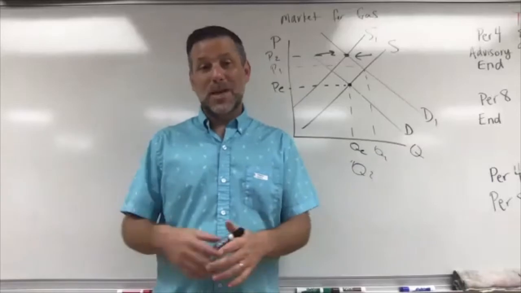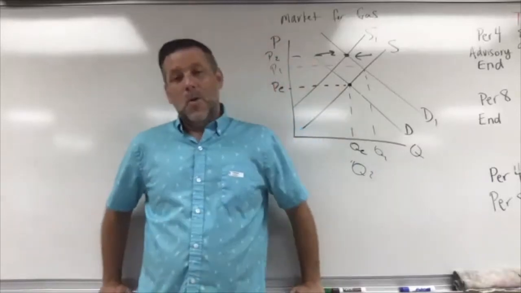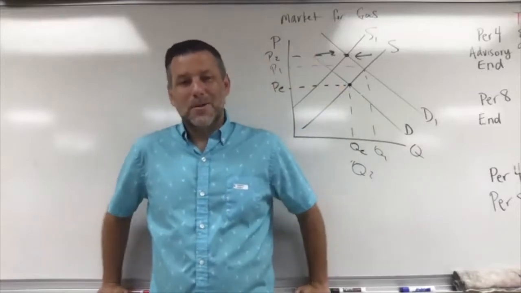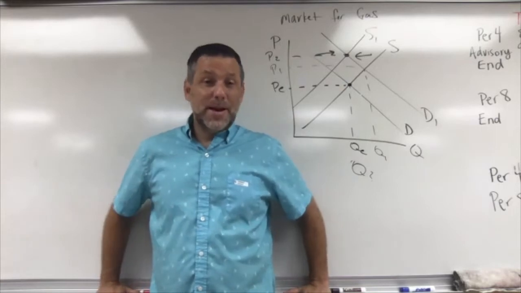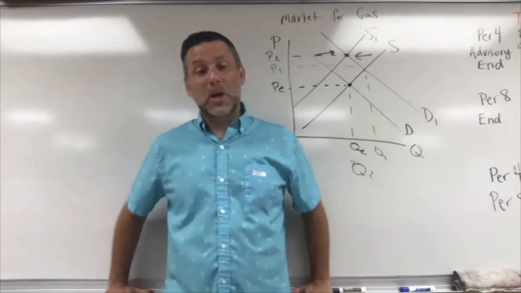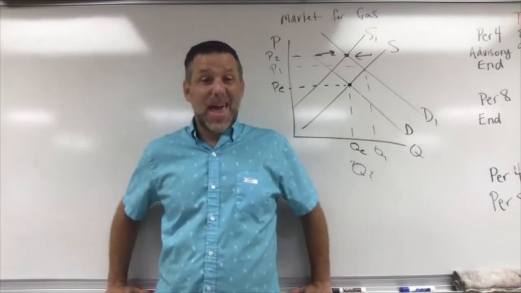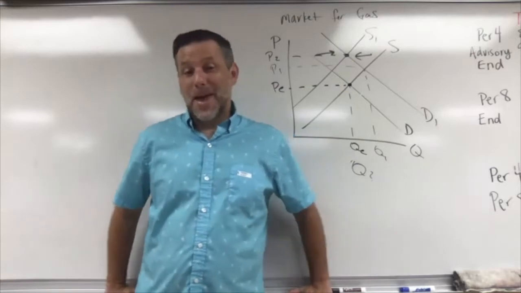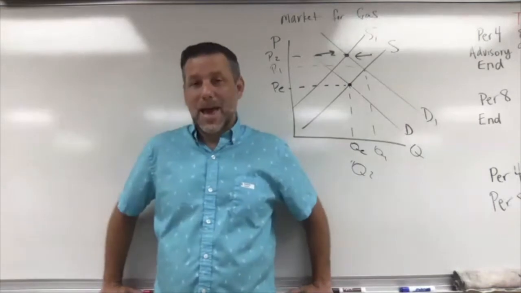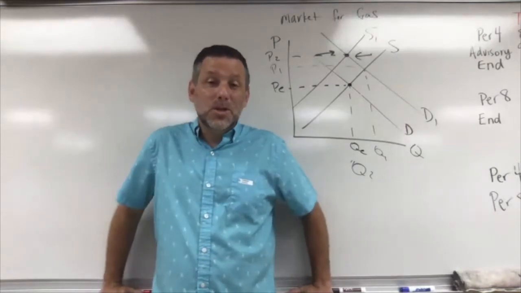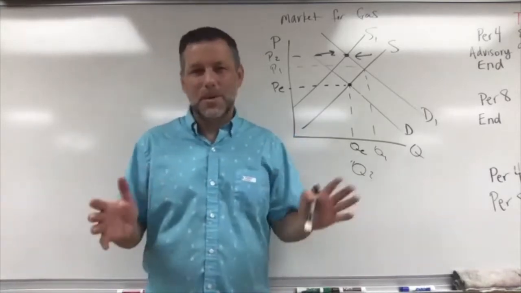So whether we're talking about the loans graph or the money market, or eventually in unit 8, when we talk about trading currencies, like if I want to go on vacation to Japan and I need to trade some of my dollars to get yen, there's still going to be supply and demand. Supply is people that are willing to trade yen, and demand is people who want to trade for yen. So supply and demand is always going to have the same meaning.